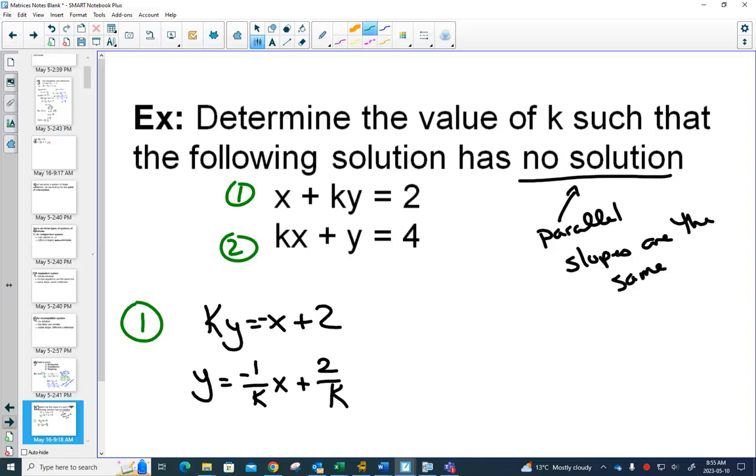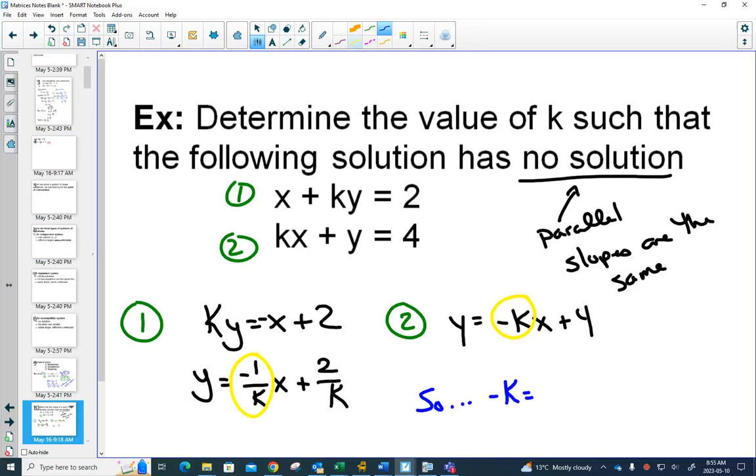Equation 2, I can move the kx over, and now equation 2 is in y equals mx plus b form. If they are parallel, this value and this value has to be the same. So we can write that negative k has to equal negative 1 over k, and we can solve for k.